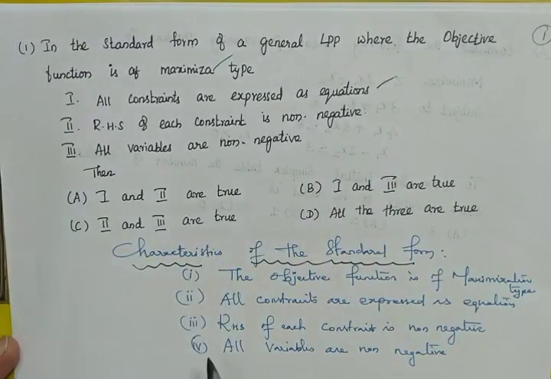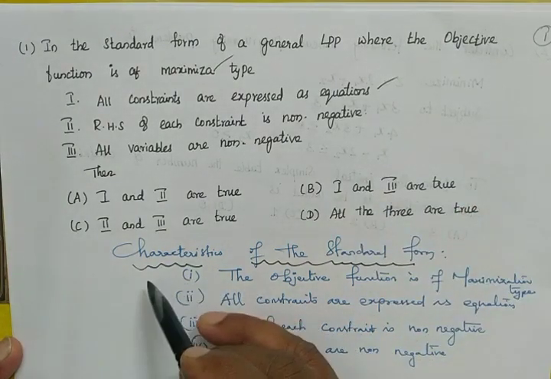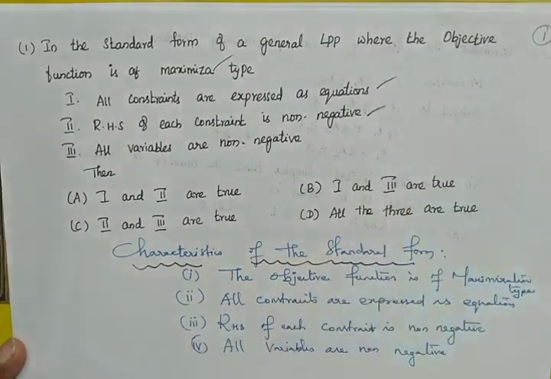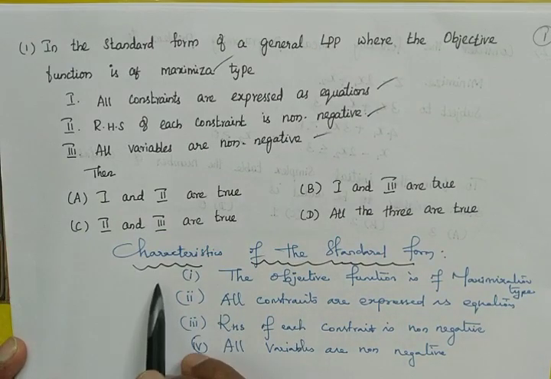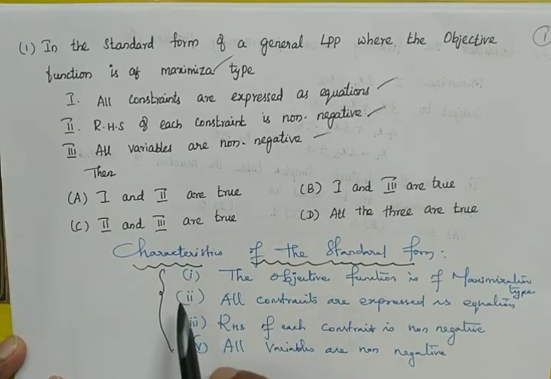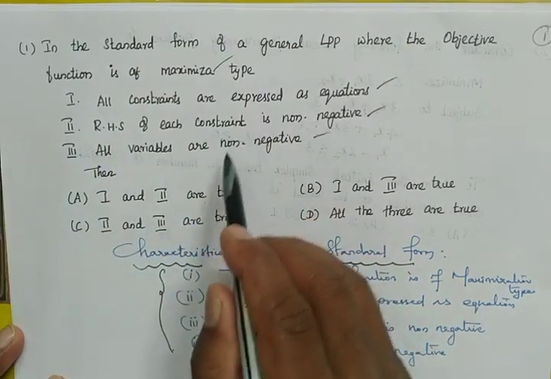The third point, the RHS of each constraint is non-negative. And all variables are non-negative. So the basic characteristics of the standard form are four. In this question, all of them are coming, one by one.